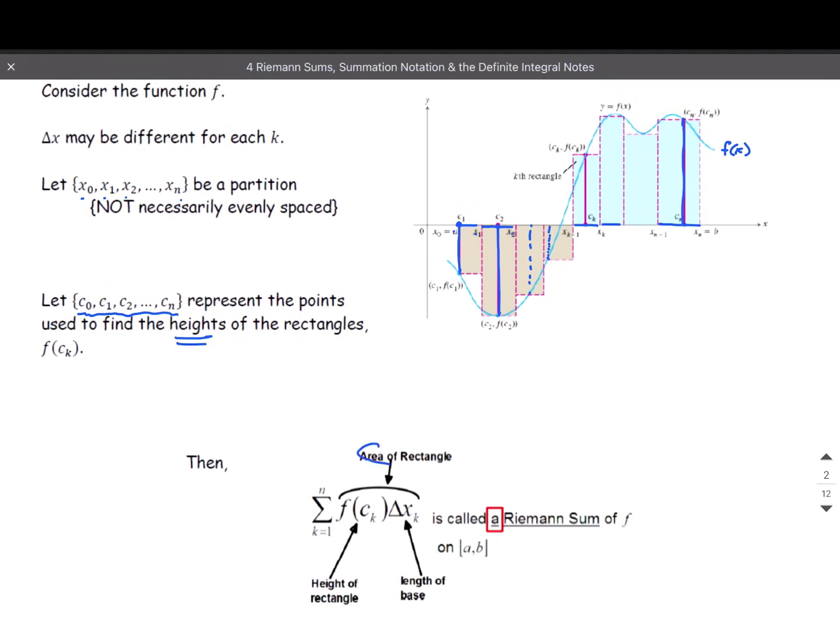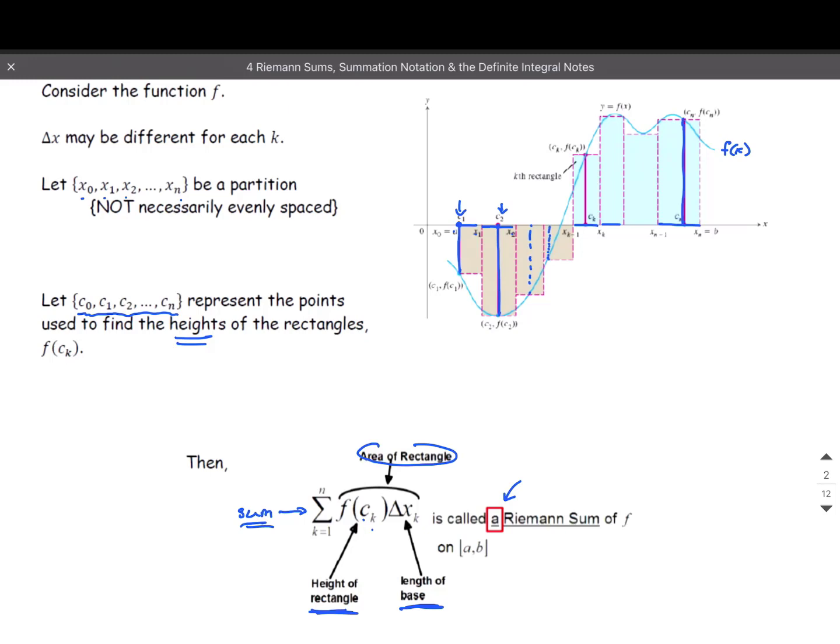Now remember, when we do this, we find the areas of the rectangles. To find the area of a rectangle, it's the length of the base, which is delta x, times the height of the rectangle, which is the function value evaluated at the c's. That's c sub k, which c values are used for each rectangle. And we add up all those areas, and that's called a Riemann sum.